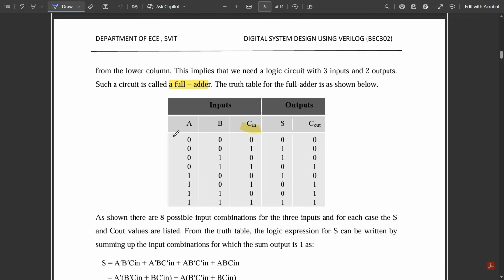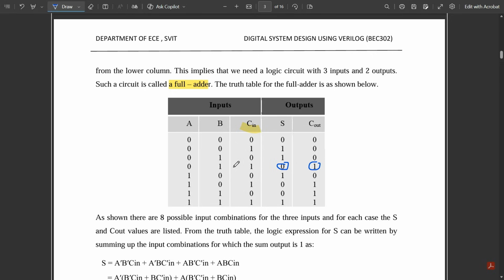Based on the 3 inputs, we have 8 combinations, that is 000, 001, 010, 011, 100, 101, 110, and 111. First, do the sum operation: 0 plus 0 plus 0 is 0. 0 plus 0 plus 1 is 1. 0 plus 1 plus 0 is 1. 0 plus 1 plus 1 is 2, but 2 is represented in binary as 10, so one carry is generated and sum is 0.